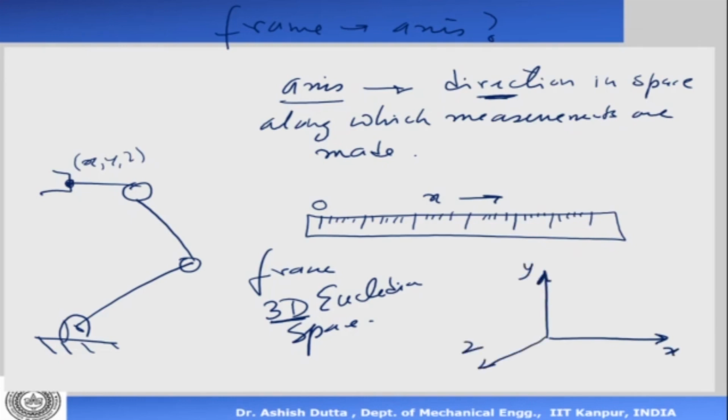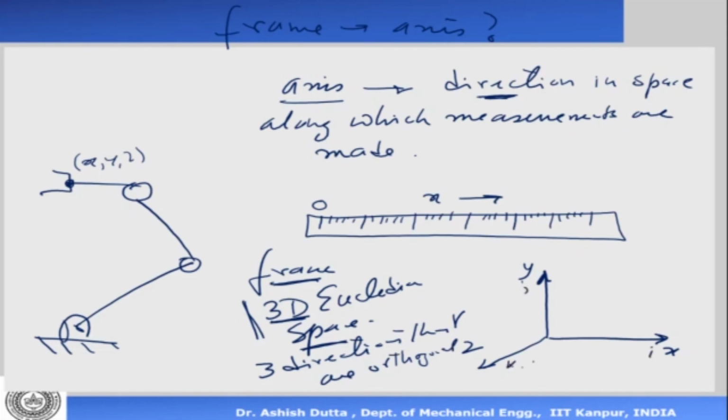A few properties of these directions are that they are orthogonal. So a frame in Euclidean space is 3 directions that are orthogonal. We can also call them i, j, and k.